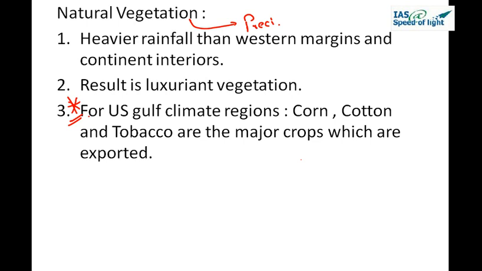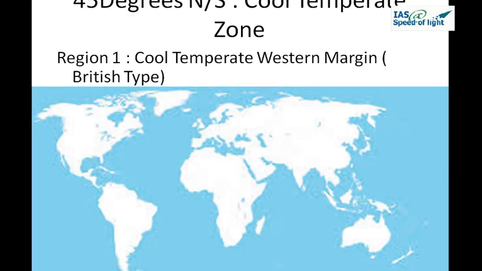And once we do the agriculture part in detail, at that time we will see the specific requirements for each crop, the climate, the soil, the precipitation, the winters or the summers. Presently, we have covered these things under the mnemonics only, but once we cover the agriculture part in detail, it's going to be much easier for you to identify which crops will grow well in which climate. Now let's move ahead.